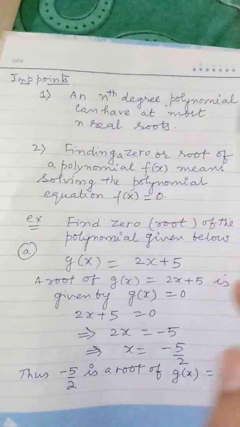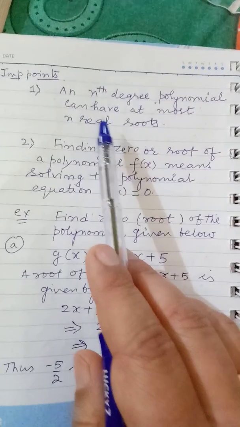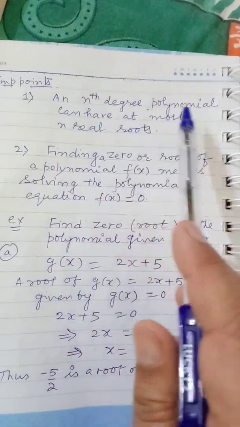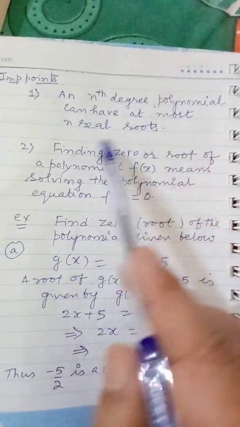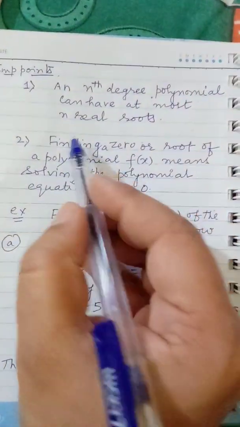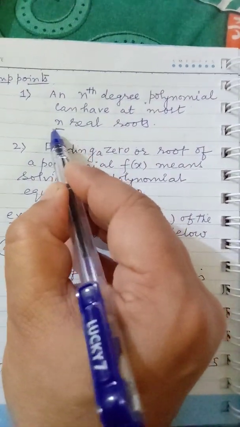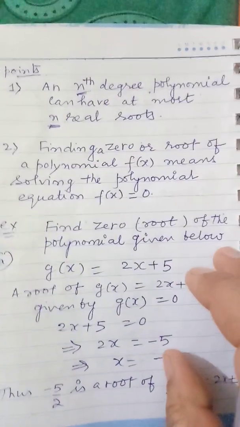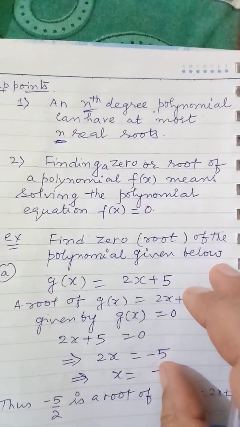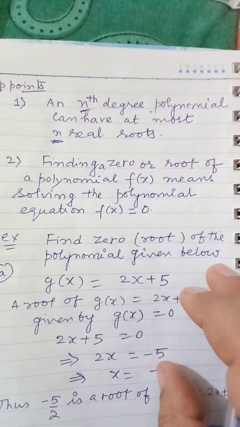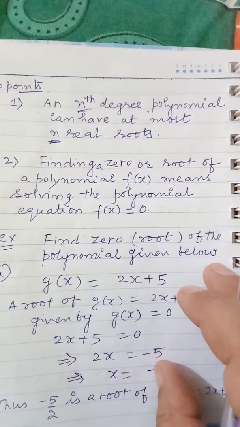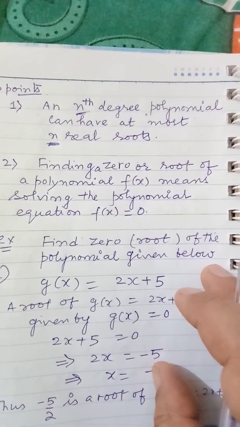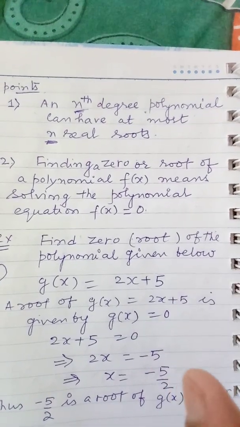Students, you have to keep these important points in mind. An nth degree polynomial can have at most n real roots. This is a very important point. A polynomial having degree 1 is called a linear polynomial, so a linear polynomial can have at most one real root.